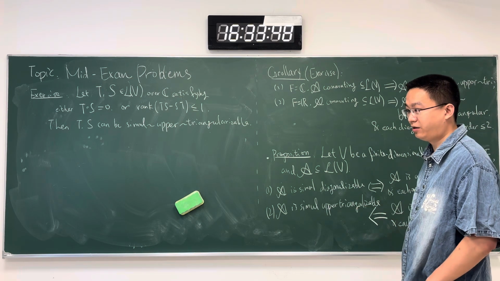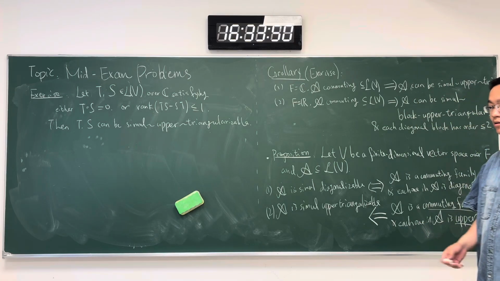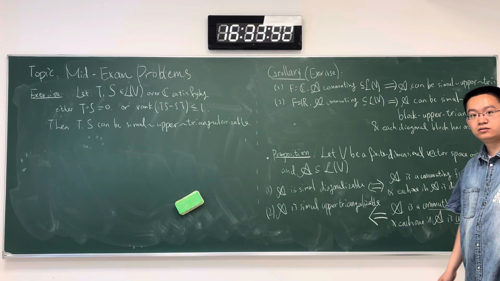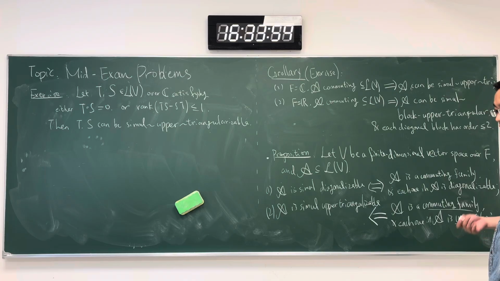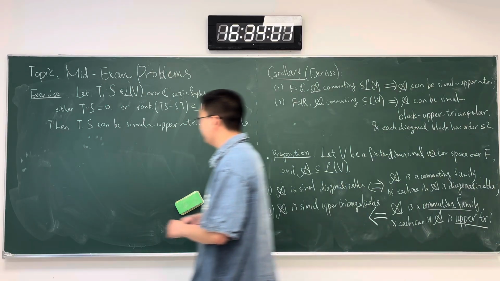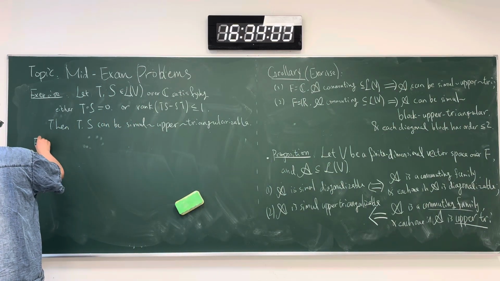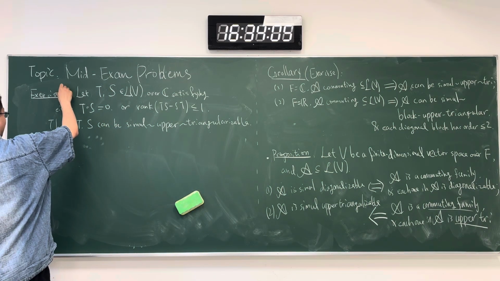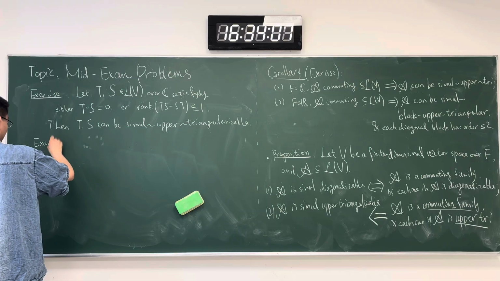And do you have any other examples? Family of 3 by 3 upper triangular matrices. Yeah, that's a great one. We also have an example.